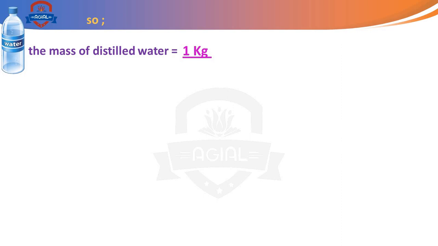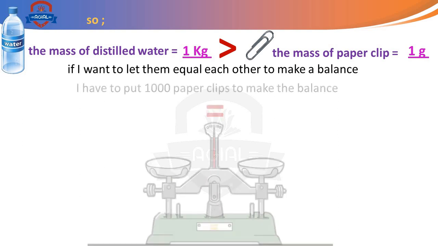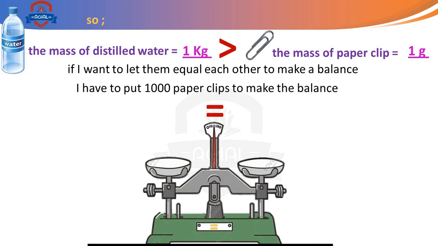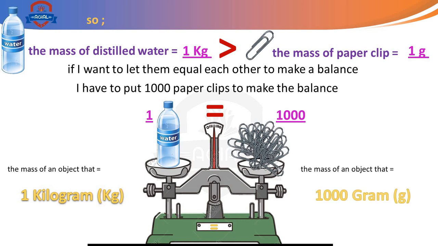Now, as we see, the mass of distilled water is bigger than the mass of the paper clip. Now, I want the mass of distilled water to be equal to the mass of the paper clips. So, I have to put 1,000 paper clips to make the balance. So, the mass of an object that equals 1 kilogram is equal to the mass of an object that equals 1,000 gram.